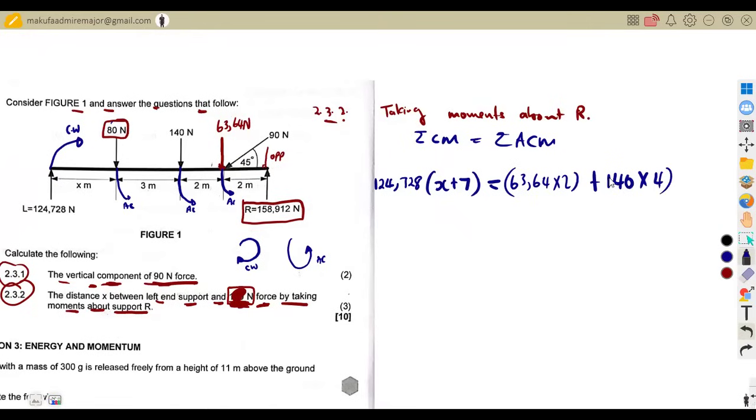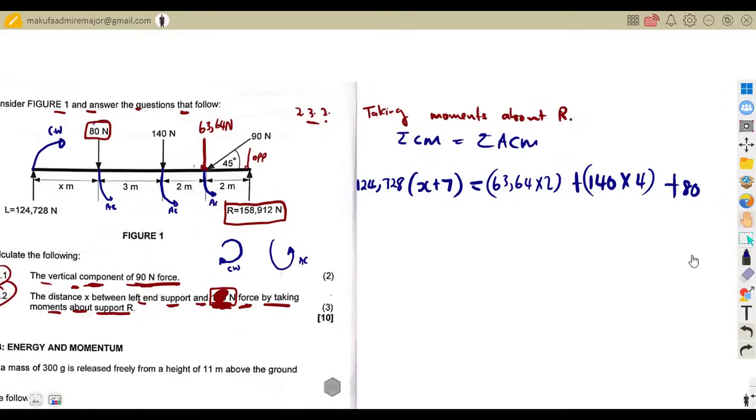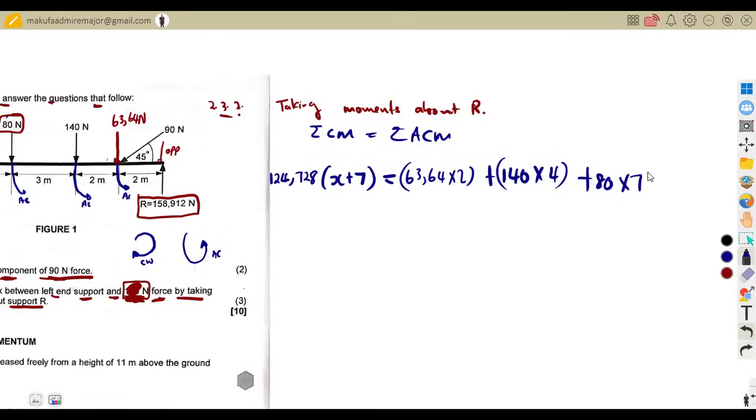Then the last one, the 80, as I said, if you are using 100 you will use 100, but I'm just going to take the 80 on the diagram. So it's 80 back to R, times the distance, 3 plus 2 is 5, plus 2 is 7. So that's 80 times 7, force times distance.